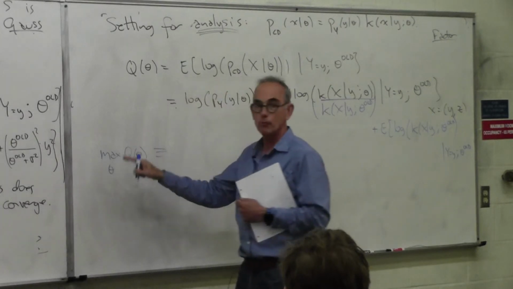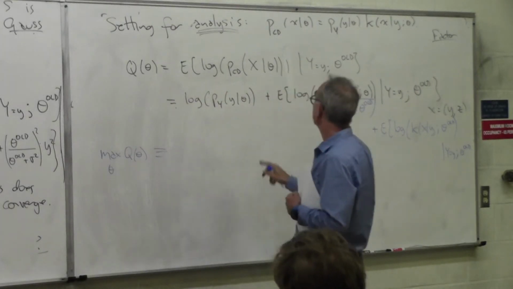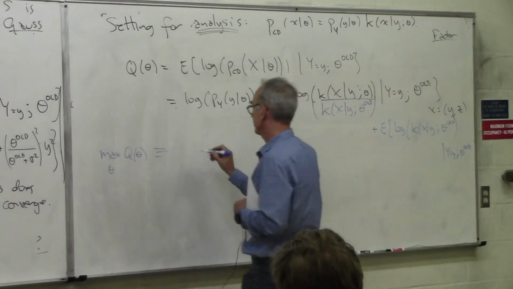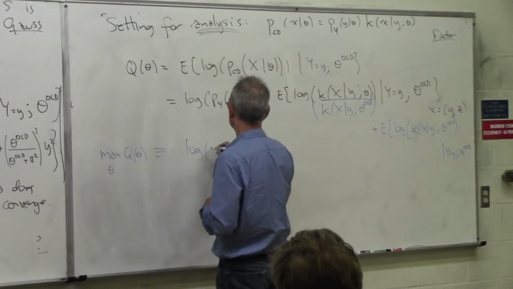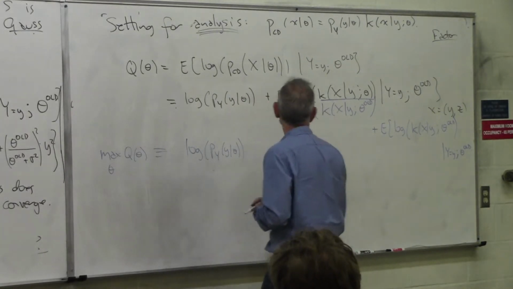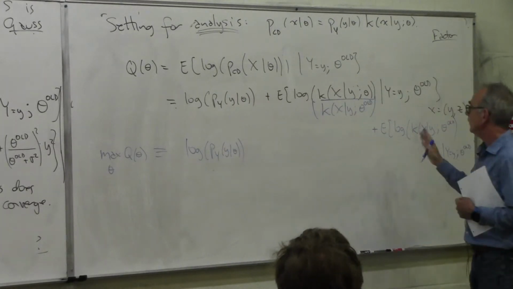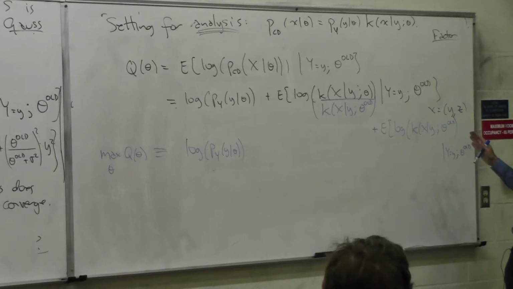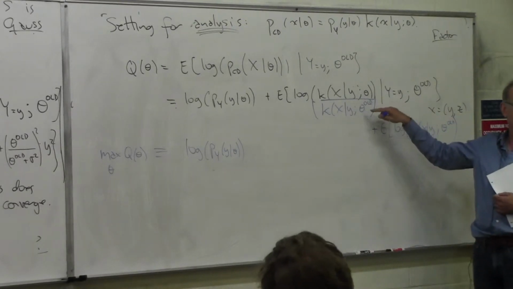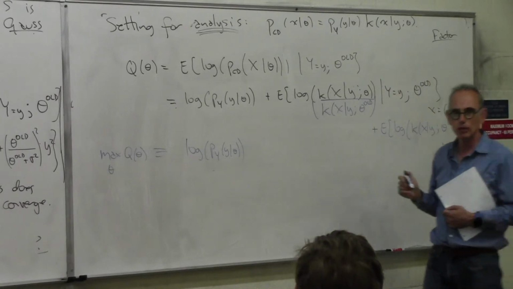What I mean is maximizing over theta Q of theta is the same as maximizing over theta the ML thing, and then plus, well, look, there's an expectation. Let's see, it's backwards, isn't it? I'm dividing instead of multiplying. So it's minus the relative entropy.